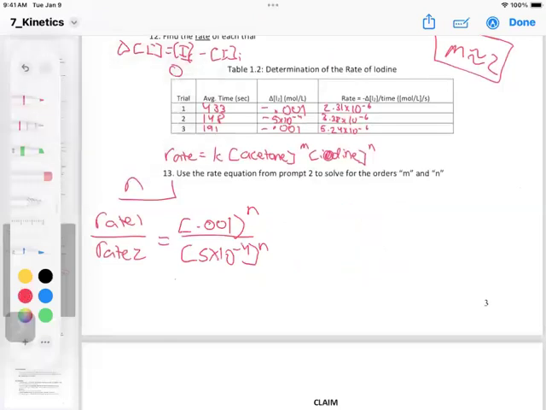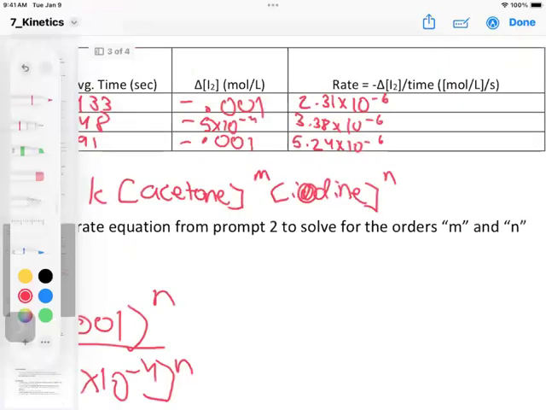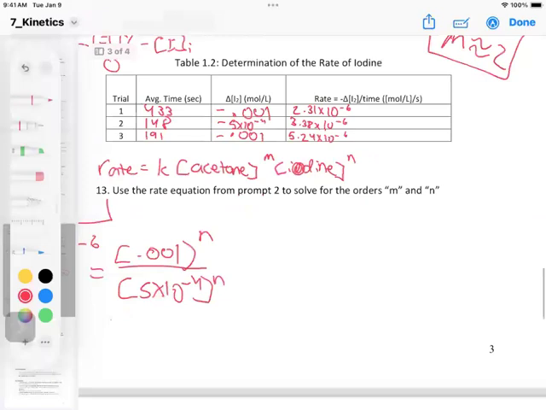And then rate 1 is 2.31 times 10 to the negative 6. Rate 2 is 3.38 times 10 to the negative 6.